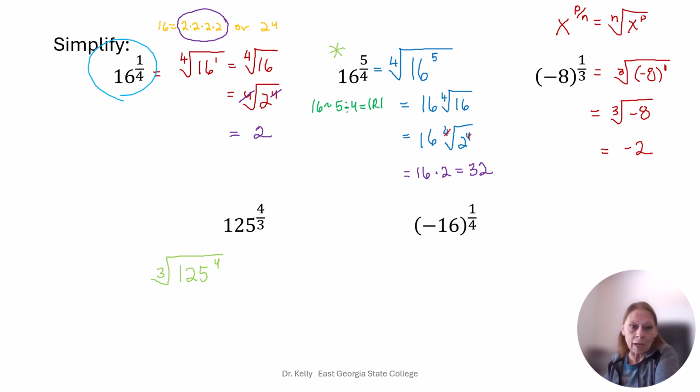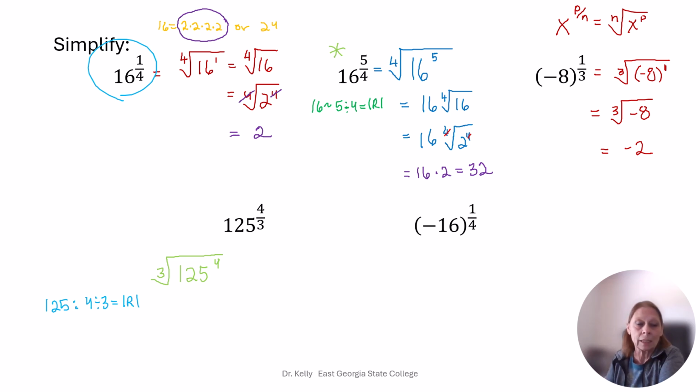If your fractional exponent is not a proper fraction, meaning that the numerator is not smaller than the denominator, then you want to do this division here. So we can say 125, there are 4 of them, divided by 3. That's going to give us 1 remainder 1.